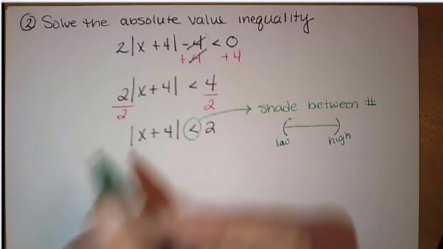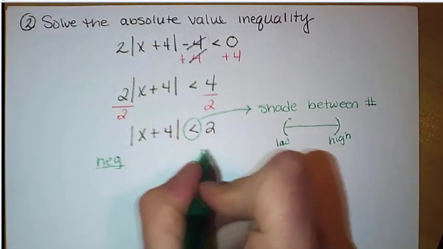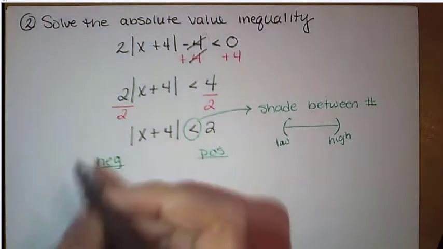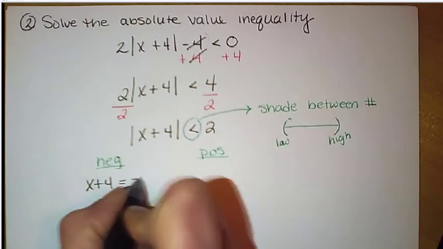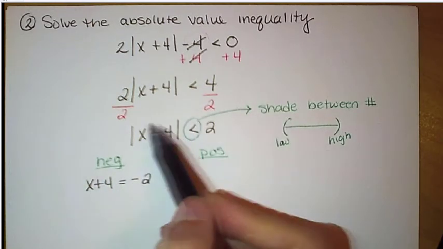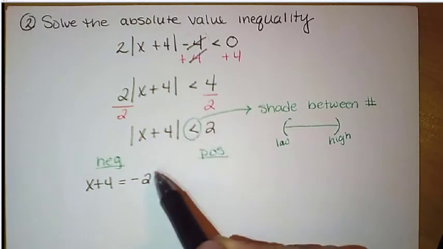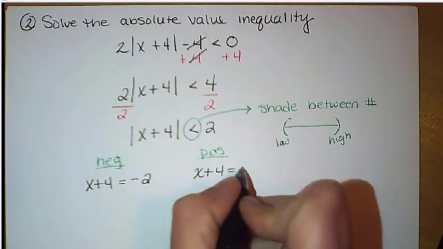So now remember, we still need to figure out our two answers, our negative and our positive, or our low and our high values. So we have x plus 4 is equal to -2. Again, remember, not changing anything about the absolute value, just changing the 2 to a negative. And then on our positive, we have x plus 4 equal to 2.